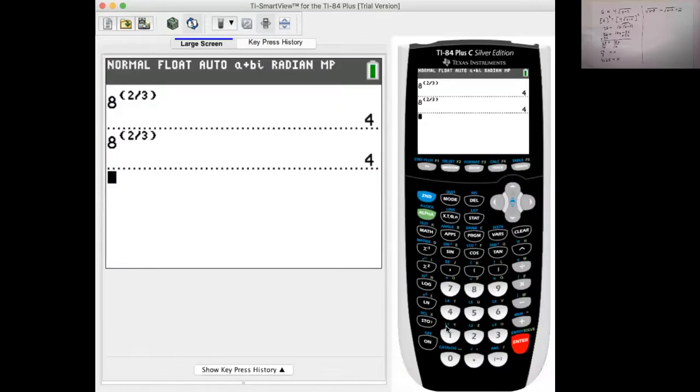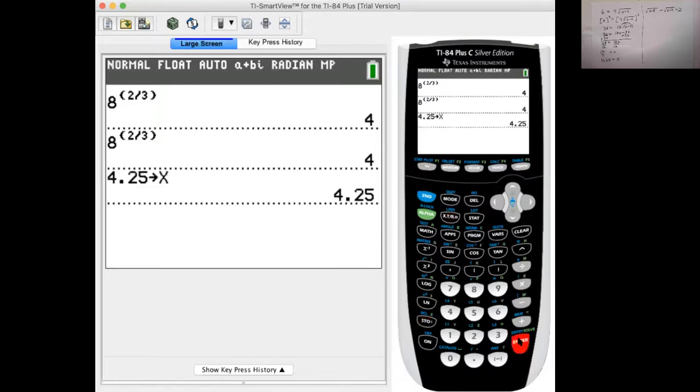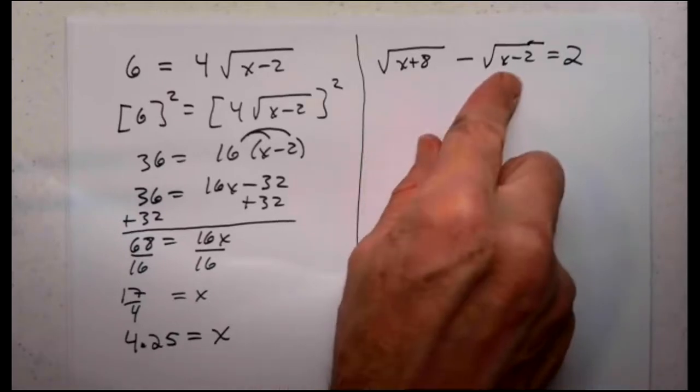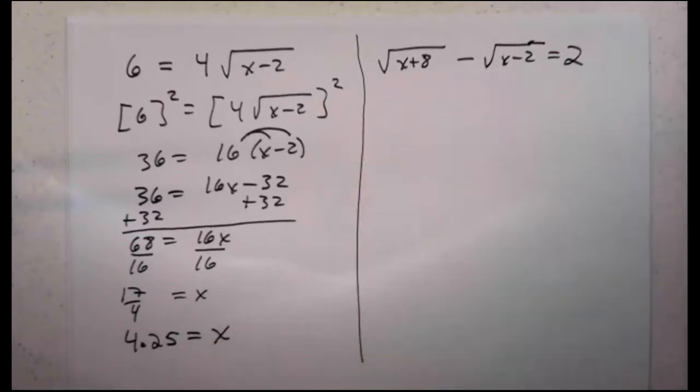So I think 4.25 is x. I'm going to say 4.25 store in x. And then what do I want to look at? What was my question again? Root x plus 8 minus root x minus 2. We hope we get 2.